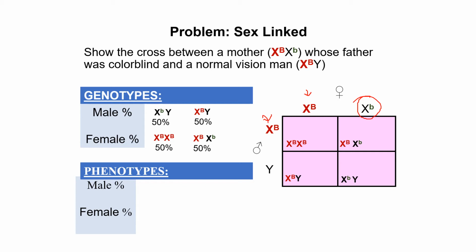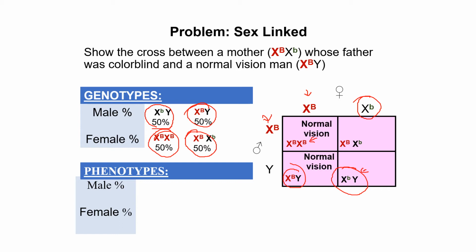When I fill the Punnett square, you can see that in this case there is a male that has the colorblind allele, while the other male has normal vision. Among the females, you have one that is normal and another one that is a carrier.